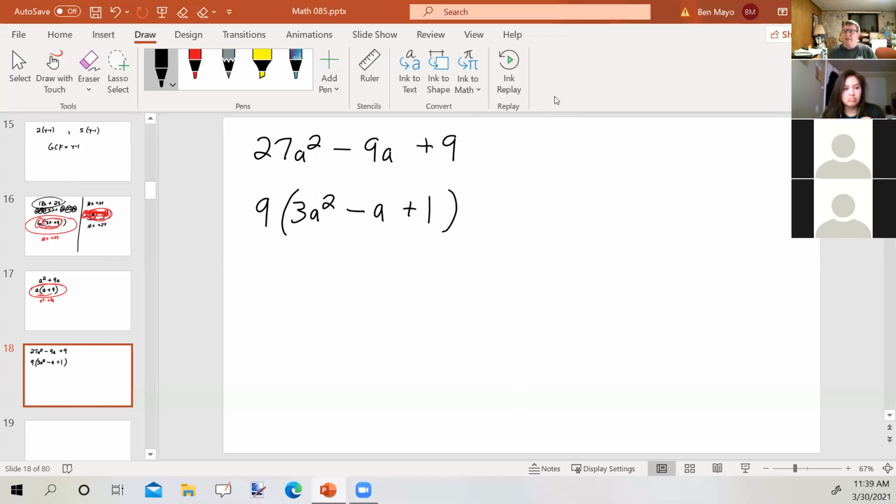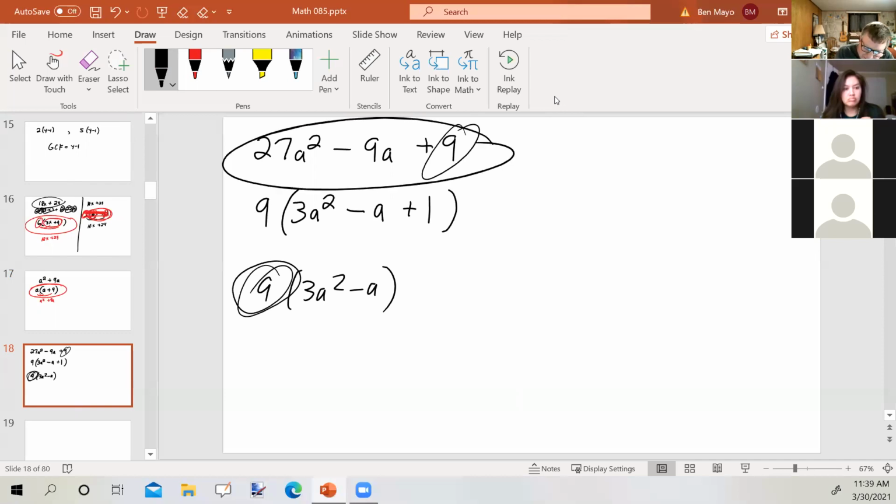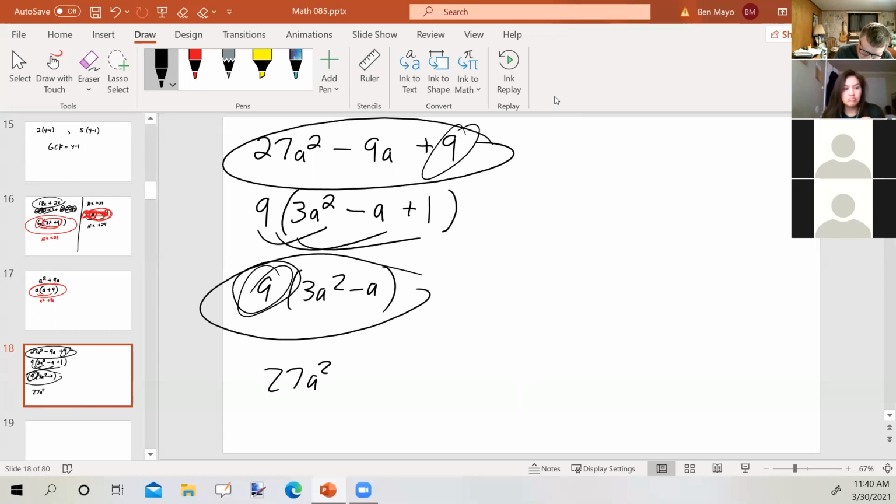Now, a common mistake that students will make is they will write this, and they'll say, I don't need the 1 because I've already got a 9 there. But you do need the 1 because you have to be able to get back here by distributing. And if you just have this, you're going to get your 27a squared minus 9a, but you don't have any way to get that plus 9.